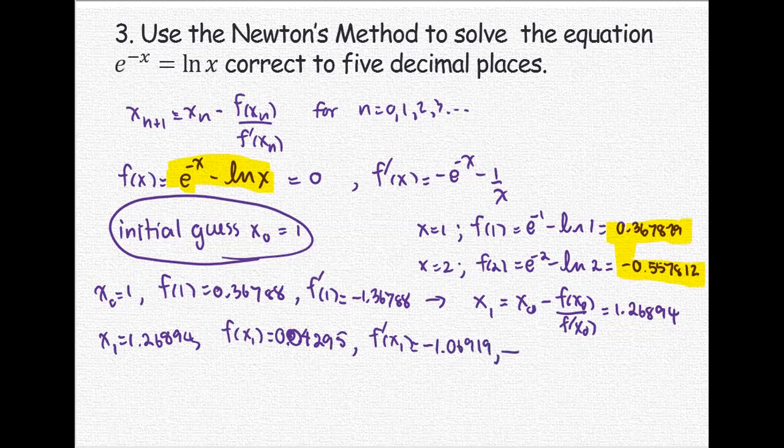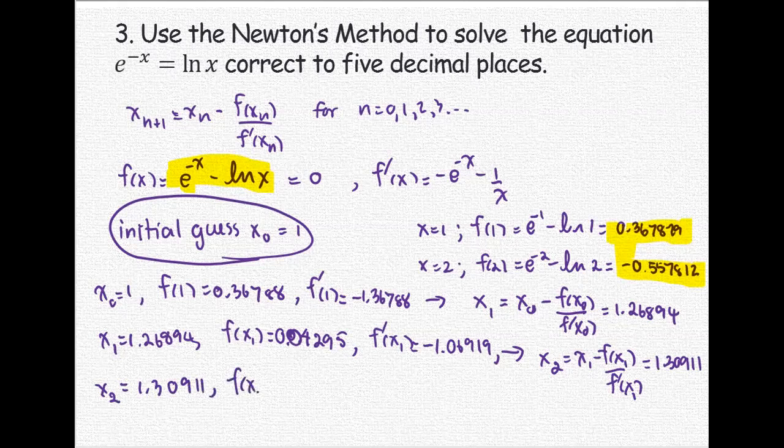And again, use x1, f(x1), and f prime of x1 to find x2 using the Newton's method formula. And we get x2 equals 1.30911, and repeat the same process. Now x2 is 1.30911.